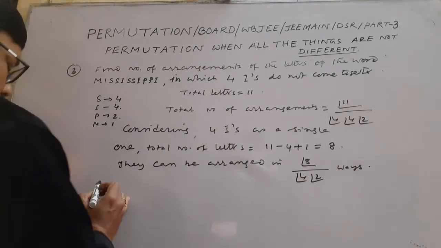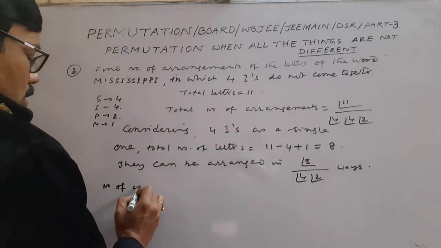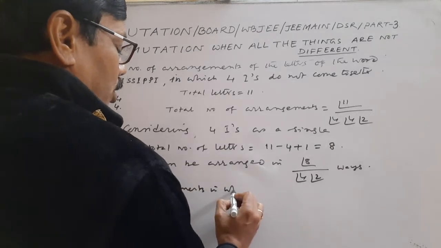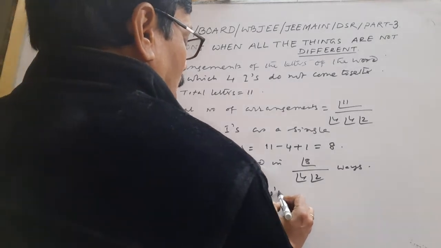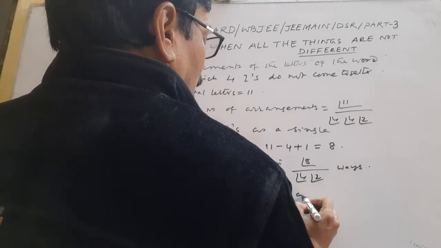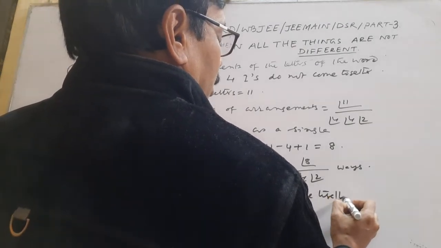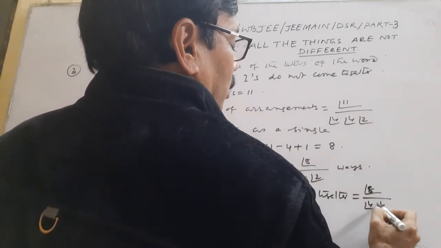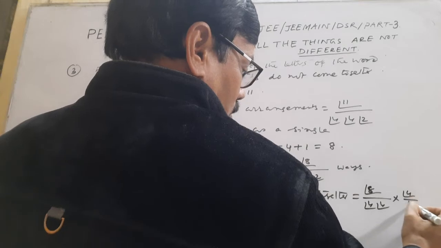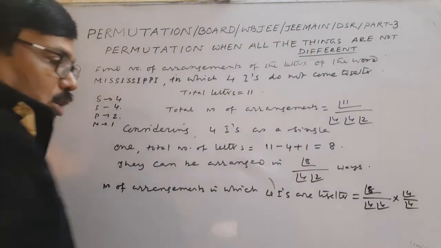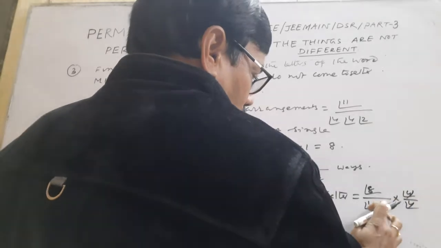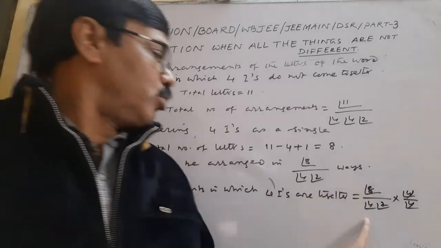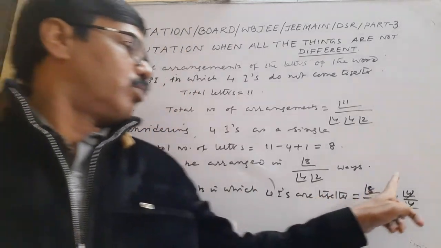So the number of arrangements in which 4 I's are together is factorial 8 by factorial 4 into factorial 2, and the 4 I's give factorial 4 by factorial 4.